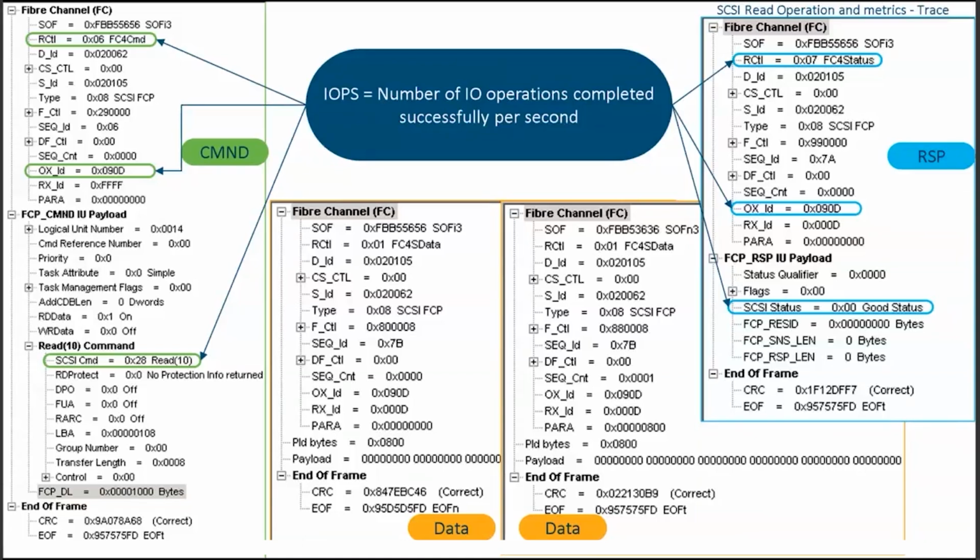The other scenario is that it sees the response frame also, and that would signify that these many exchanges, or these many IOs, got completed within a second. So you see the difference between the IOs which were initiated versus the IOs which were completed. This is a very important point.